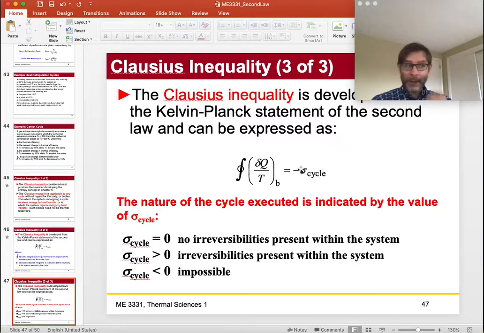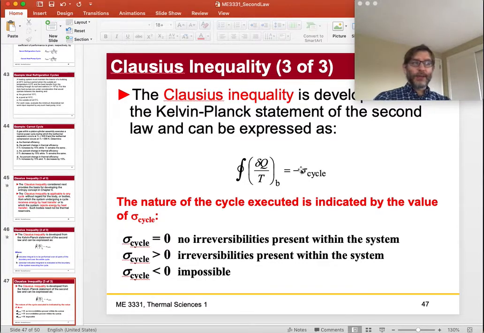All right, the reason why it's negative is because sigma has to always be greater than or equal to 0. So the negative just reflects the sign, because if there's heat coming out of the system, we define it as negative. Just remember that, okay? That's just why it's negative. So there's like weird negative, positive stuff going on. Okay, if sigma of the cycle is greater than 0, that means that there's irreversibilities in the system.